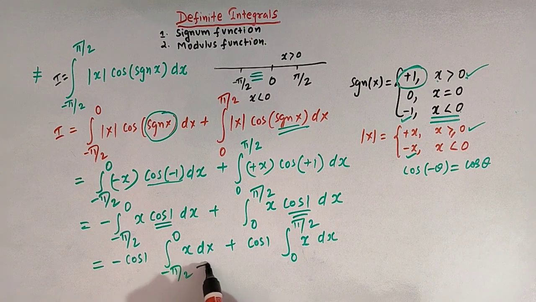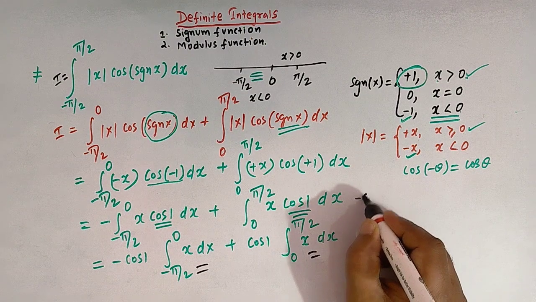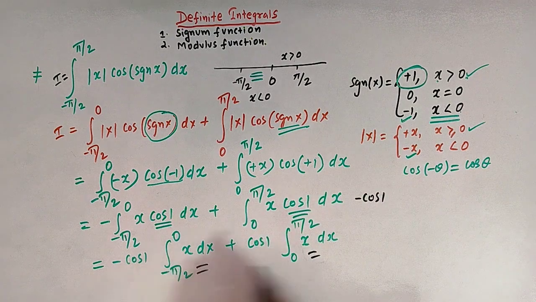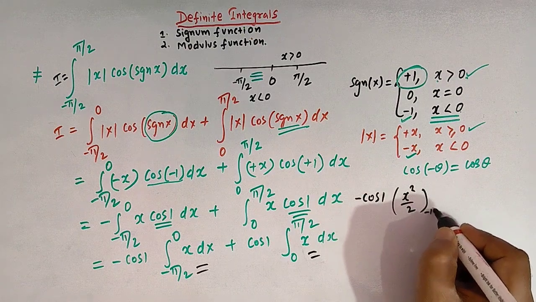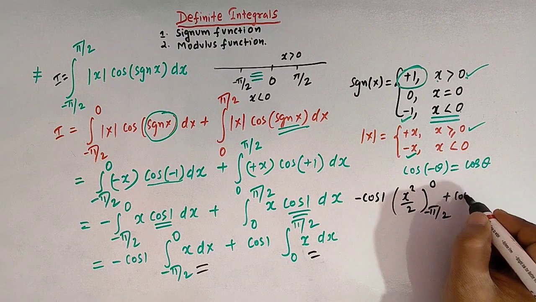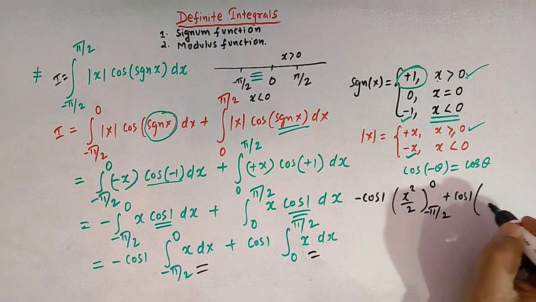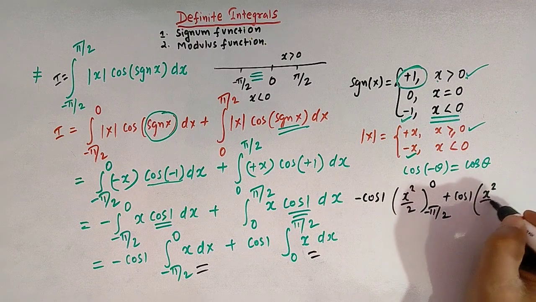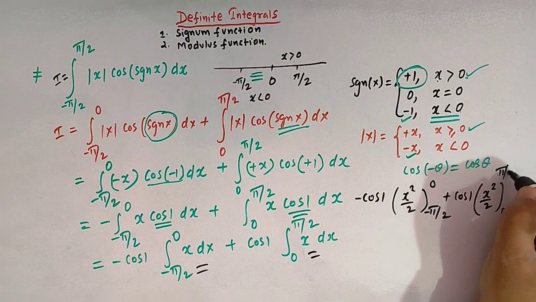So now we can simply evaluate these two integrals. So we have minus cos of 1 here, and we have x square over 2 with limits from minus pi by 2 to 0, and here we have cos of 1 and x square over 2, and limits are from 0 to pi by 2, right?